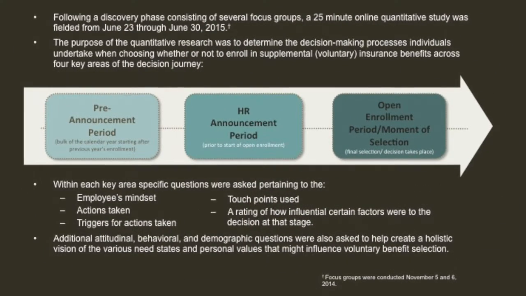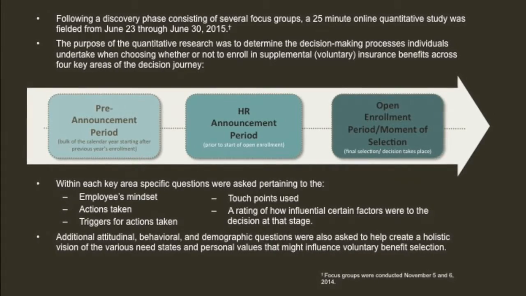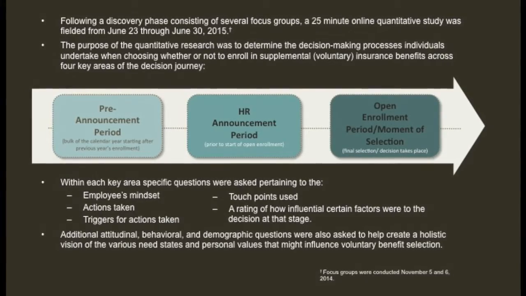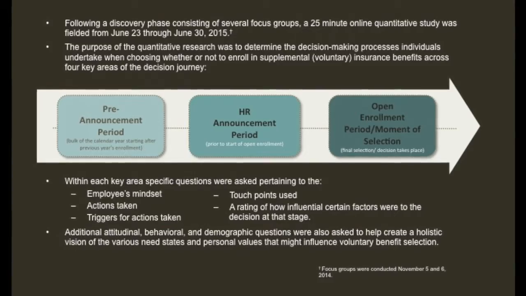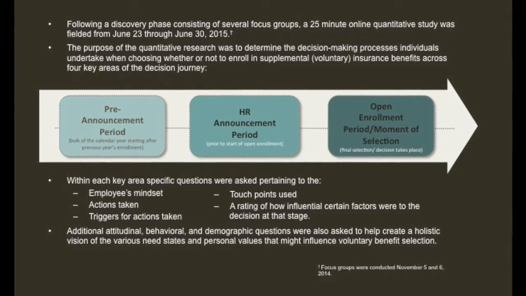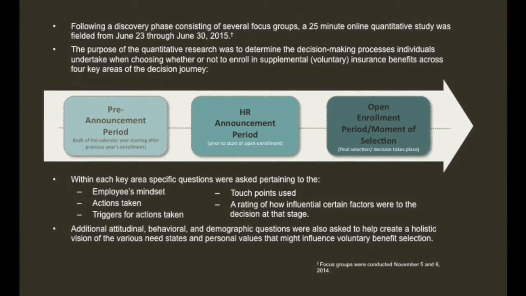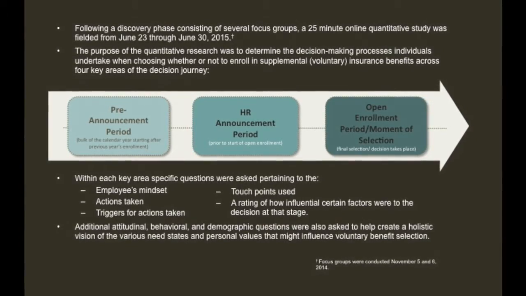In November 2014, we conducted focus groups to help inform the quantitative part of this research. I was looking to determine the decision-making processes individuals go through when they're deciding whether or not they want to participate in supplemental benefits. I was especially interested in the pre-announcement, HR announcement, and open enrollment moment of selection periods.